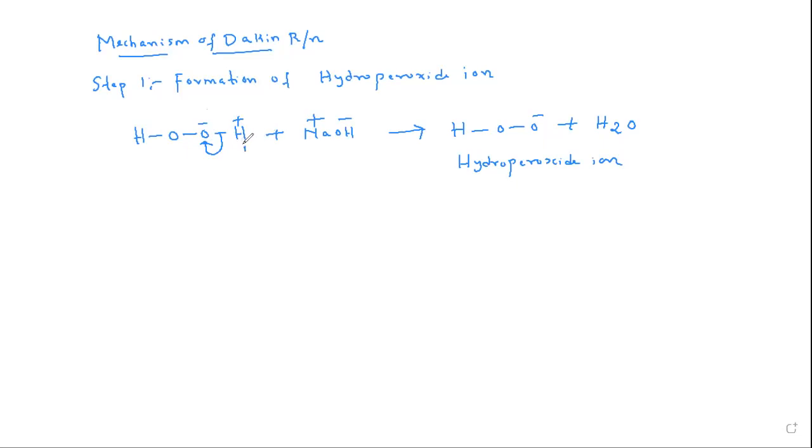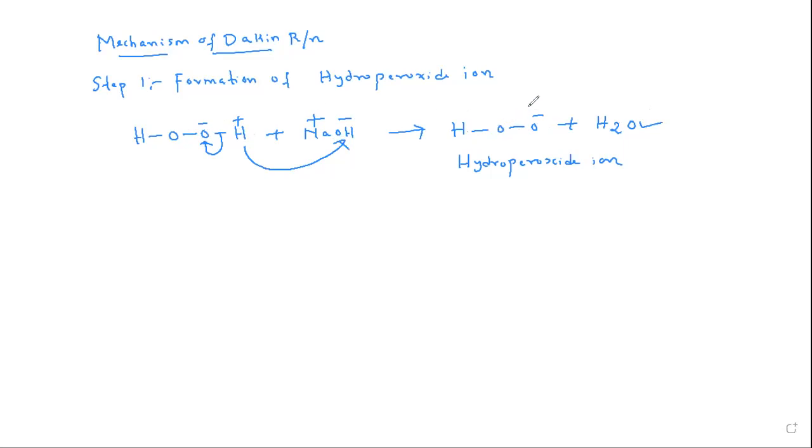Now, this positively charged hydrogen reacts with negatively charged OH minus to form a water molecule. This is how water is eliminated out as a byproduct. So you're remaining with hydrogen and 2 oxygen atoms.